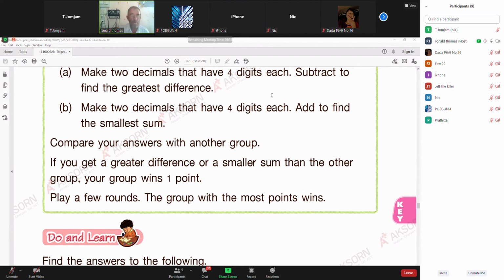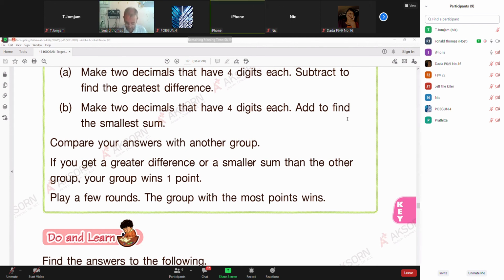Okay. Let's see who we got. iPhone. Page 187, answer A and B. What have you got for answer A, please? 13.473. Right, 13.473, okay?